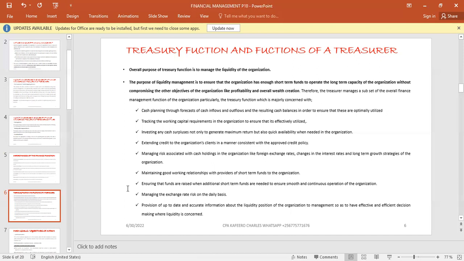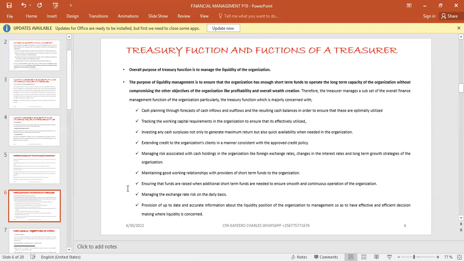The last one we can look at is provision of up-to-date and accurate information about the liquidity position of the organization to management, so as to have effective and efficient decision-making where liquidity is concerned. Here we are looking at the treasurer providing what money we have in terms of cash and other short-term assets that we can easily convert into cash.